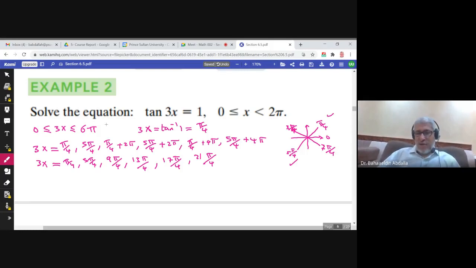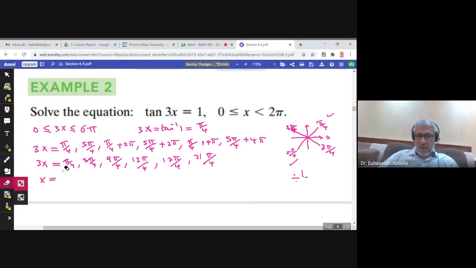But when he says solve the equation, he needs the values of x, not the values of 3x. So what can I do? I can divide each one of these by 3. And remember, when you divide by 3, it means you are multiplying by 1 over 3.